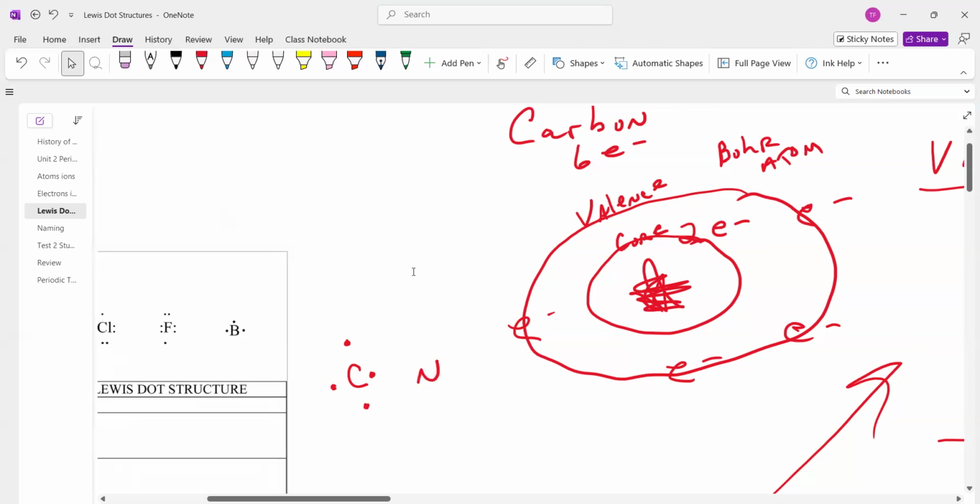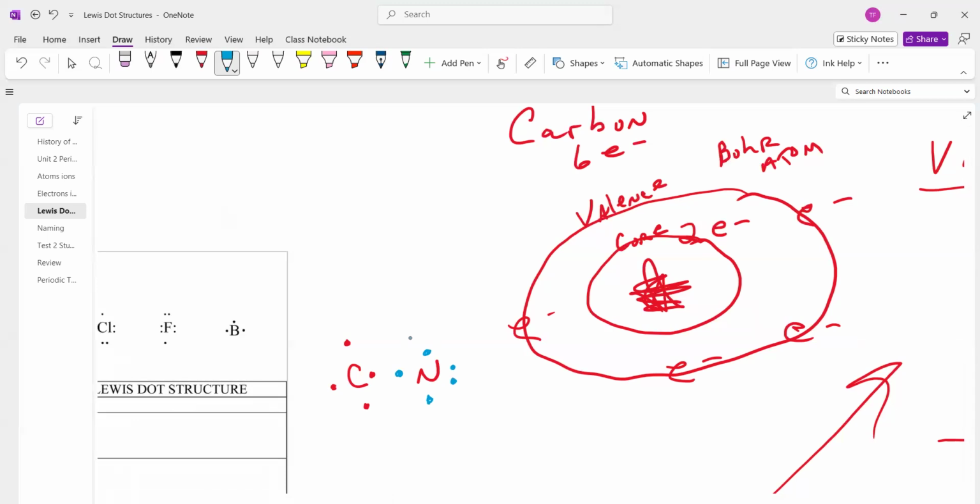Nitrogen has three singletons, and a pair. Now remember, I could move the pair around for convenience. I'm going to put it away from the carbons.